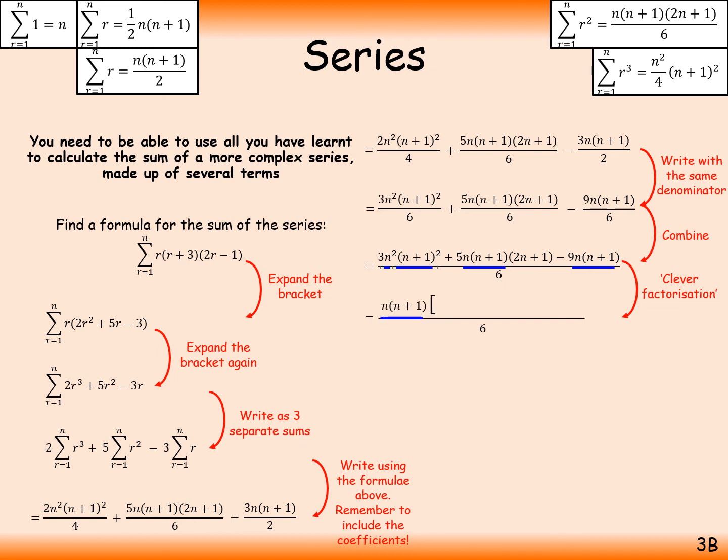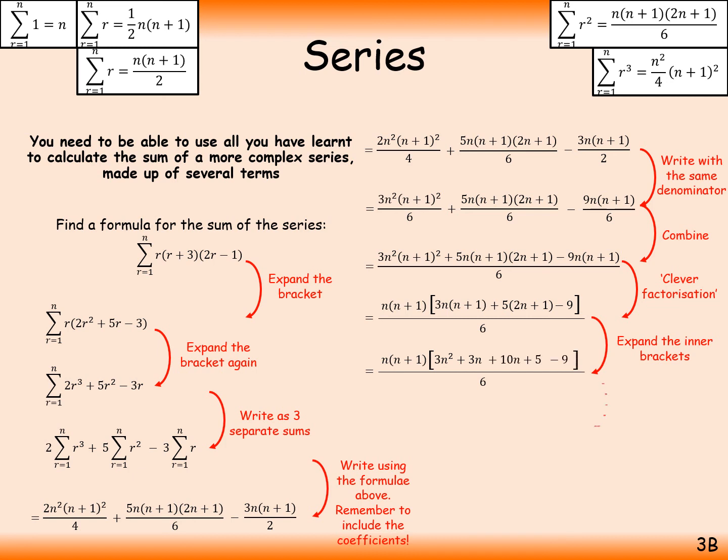Take n and n plus 1 outside, and then inside we'll have the remaining, which is 3n(n plus 1), plus 5(2n plus 1), and minus 9. So now we could just think about expanding the inside of the square bracket. Okay, so once you expand that, we can simplify, and we get the following.